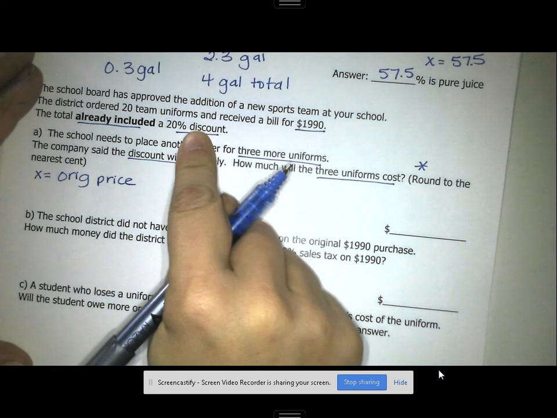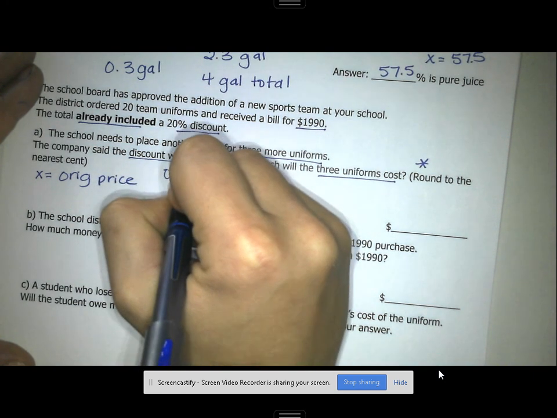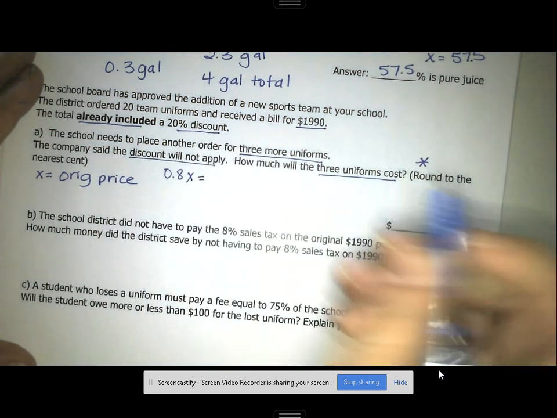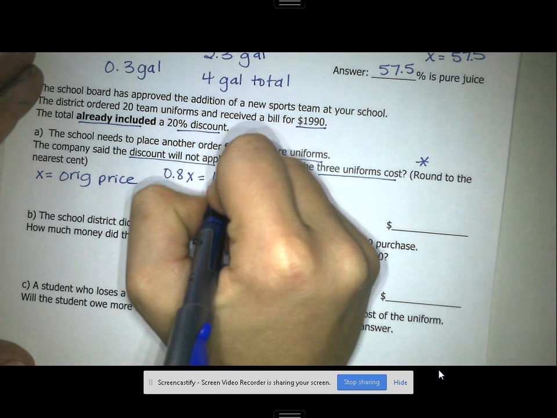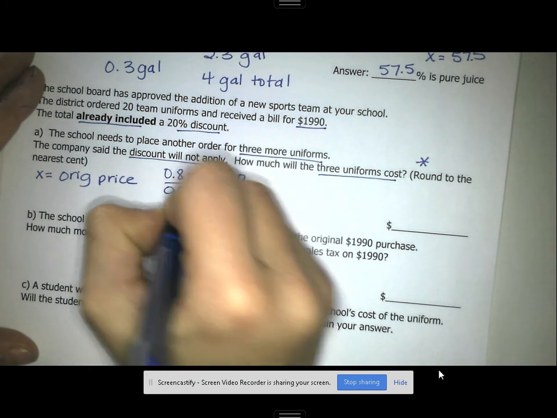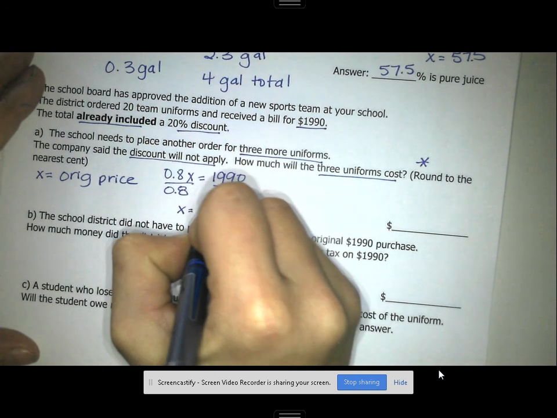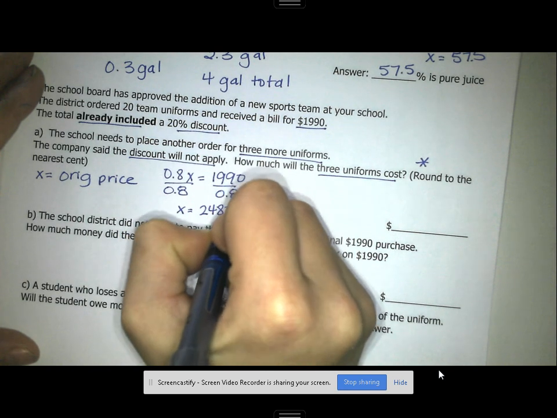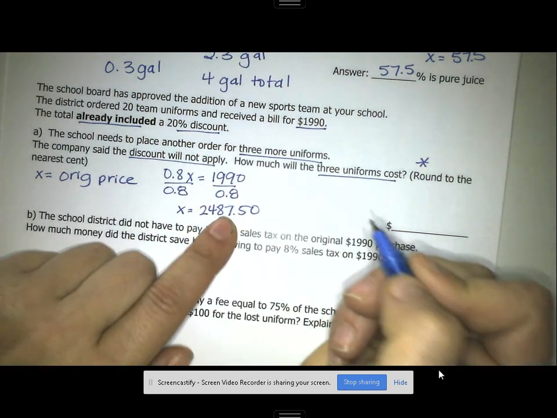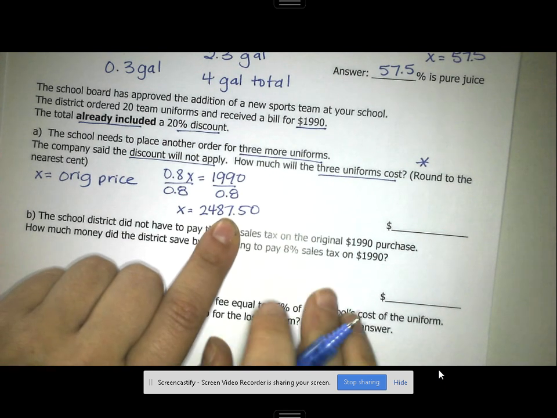So if they got 20% off, that means they paid 80% of the original price of the uniforms, and they paid $1,990. So I'm going to divide both sides of this equation by 0.8, and I get x equals $2,487.50.